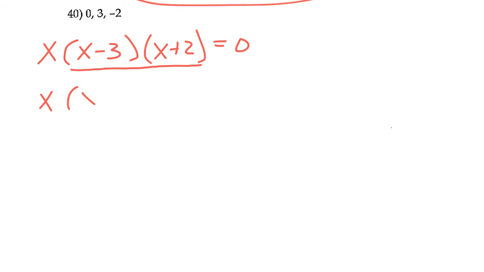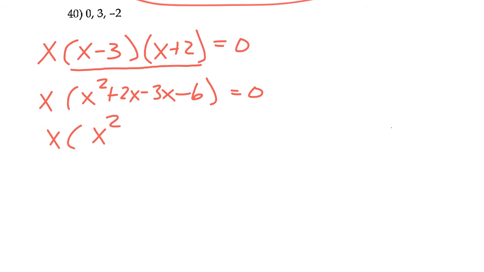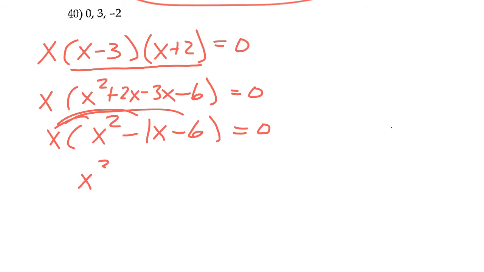So we'd have x squared plus 2x minus 3x minus 6. So we'd have x squared minus x minus 6. And then simply distribute the x through to get x cubed minus x squared minus 6x.